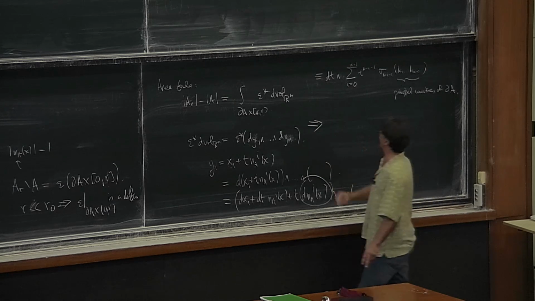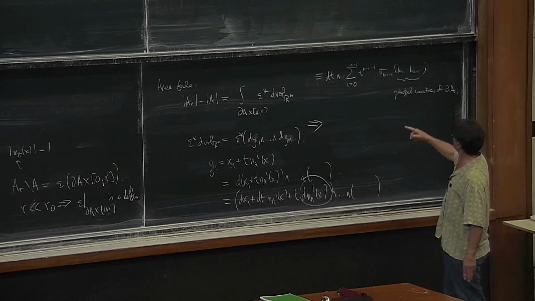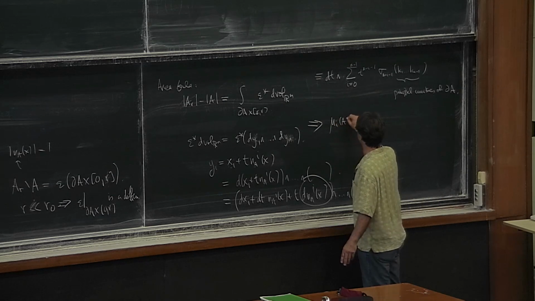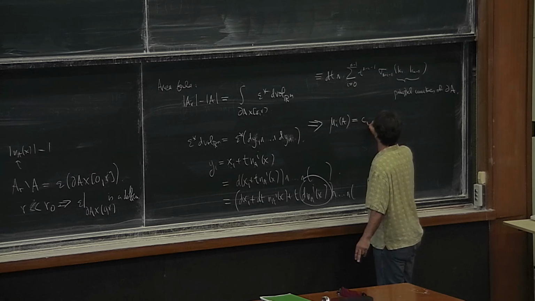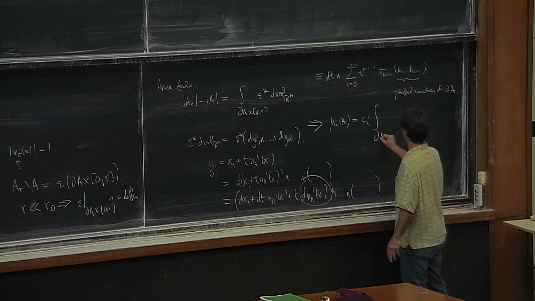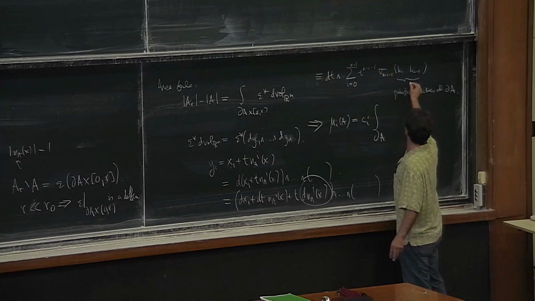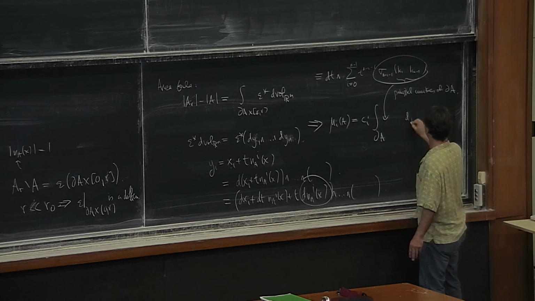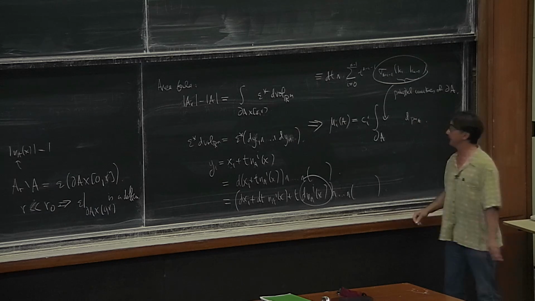The upshot is that when we integrate this up, what we find is that mu sub i of A is, again up to a constant multiple, the integral over the boundary of A of this quantity here, the perimeter of A.